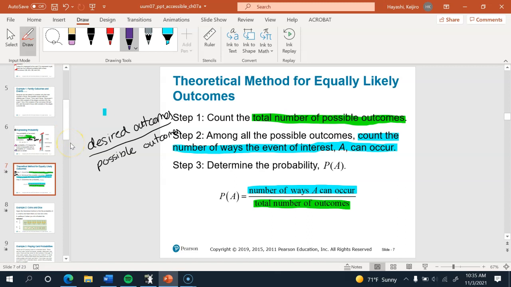So for example, the probability of getting an even number on a die.